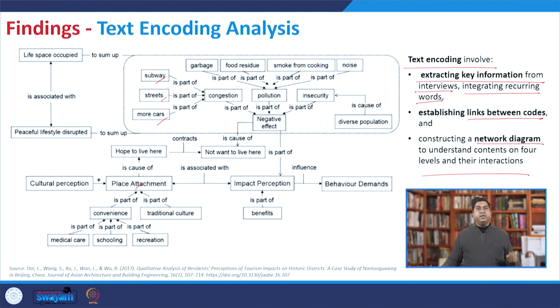Or maybe in the convenience, even if there are certain negative effects of tourism, there are other facilities like medical care, schooling and recreation, so that I can avail those facilities. That becomes a plus point, or you can say a positive aspect. Based on this, the authors have analyzed some of these findings.